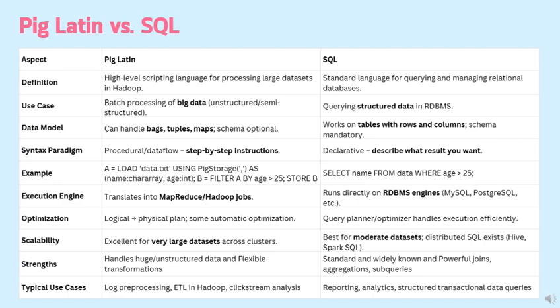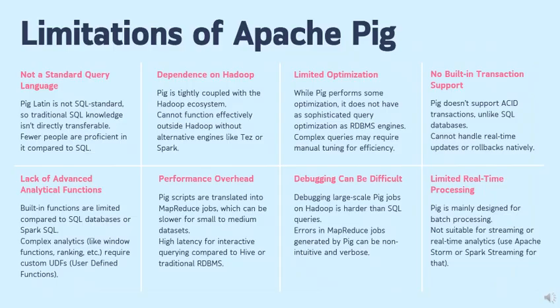Of course, no tool is perfect, and Pig has its limitations. First, it is not SQL standard, so it has a smaller user base. It runs on top of MapReduce, so for small data, it is way slower. Optimization is limited compared to modern engines. Advanced analytics like ranking or window functions aren't built in.